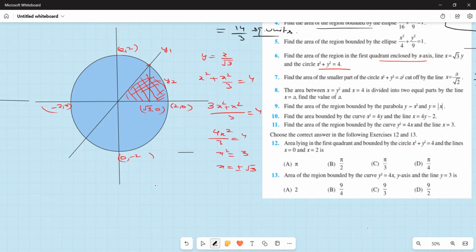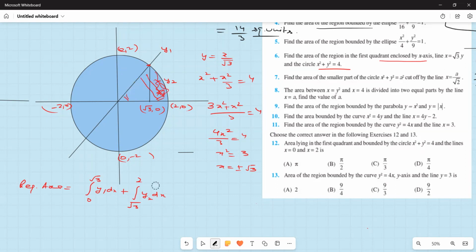So what is your required area? That is 0 to root 3 y1 dx plus root 3 to 2 y2 dx. Now you understood why I wrote it over there? y1 is under this line. This line is y1 and this curve is y2, right?